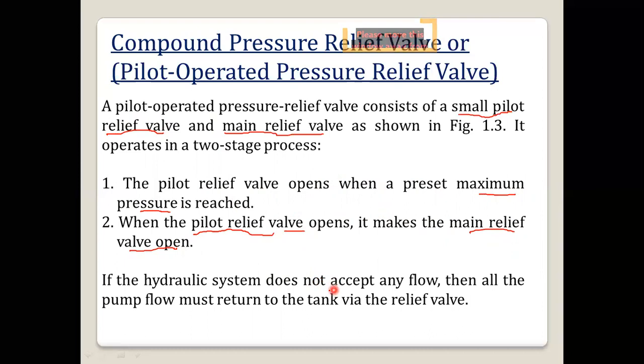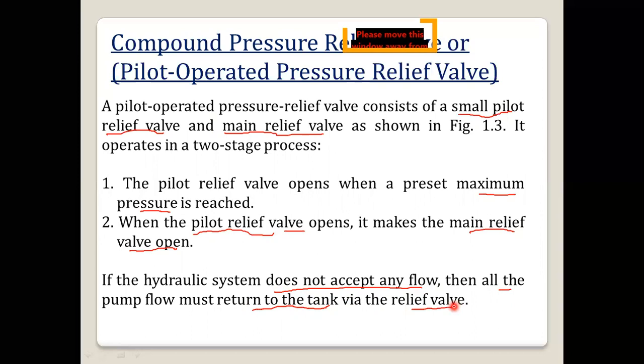So what happens in the hydraulic system? In the hydraulic system, it does not accept any flow. If it is not accepting any flow, then all the pump flow must return to the tank via the relief valve.